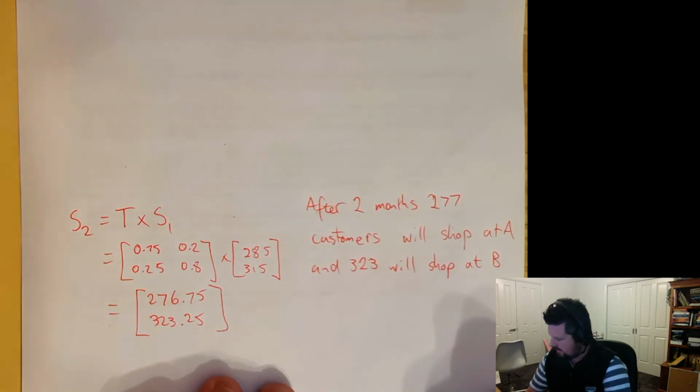So let's answer that first question: how many customers are still purchasing their groceries from store A and B at the end of 2 months if 300 customers started at store A and 300 started at store B?